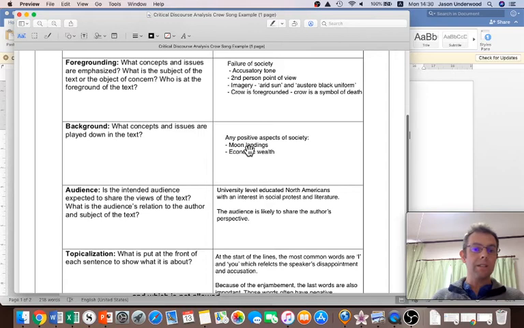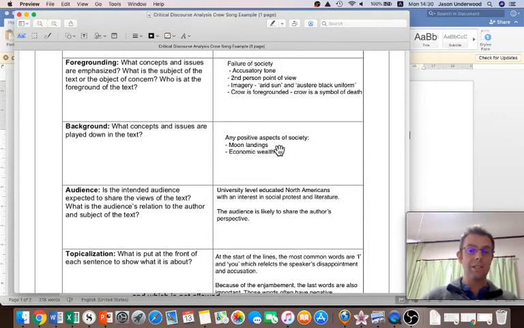Now, what's backgrounded? This was an interesting question because we often get caught up in what's there in the poem, and figuring out what's not in the poem can be illuminating also. And what's definitely missing is any positive aspects of society. So any achievements that human societies have made are not included there at all.